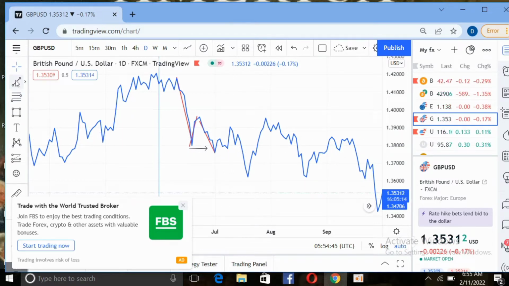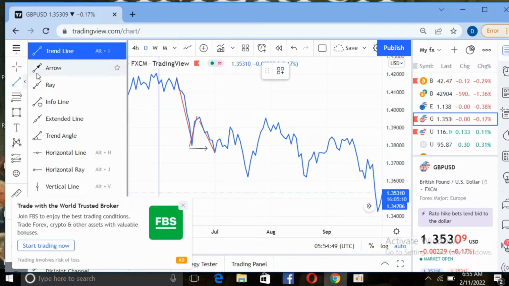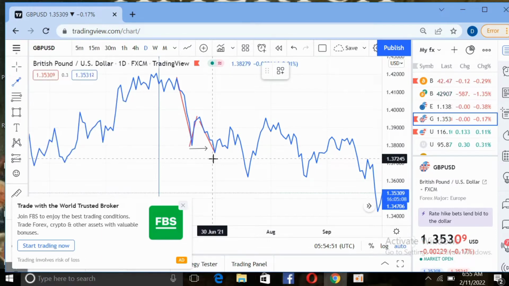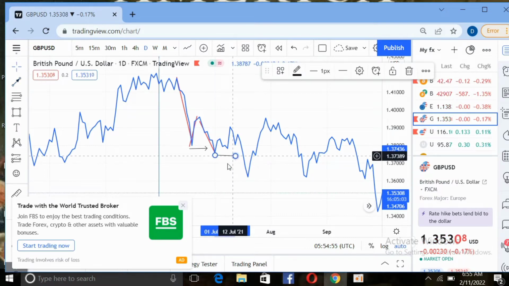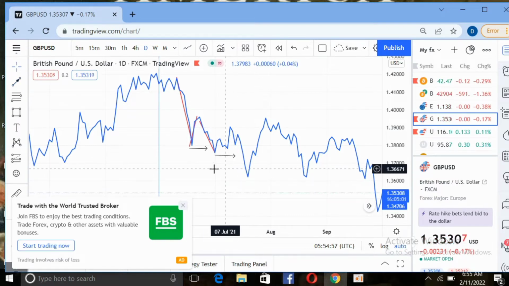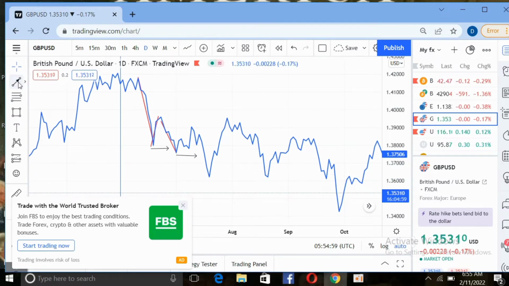So we can't identify this yet until it breaks a structure. So when this breaks the structure to the downside, that's ICT break of structure, that's what I call it.